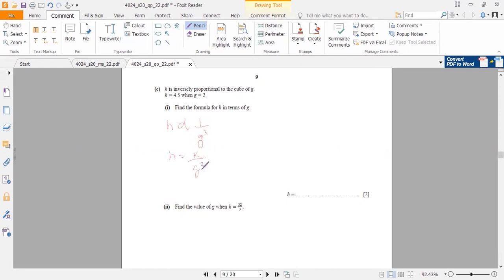And to find out the value of k, we need to put this value, that is 4.5 multiplied by the value of g, which is 2 cubed, equals k. So the value of k is 4.5 multiplied by 8, which is equal to 36.